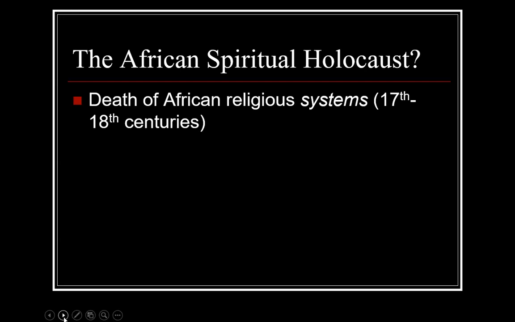So, for example, a scholar named John Butler referred to this as the African spiritual Holocaust, that essentially the systems of religions, right? So the ways in which the Yoruba, one of the groups in Western Africa, practiced, the system of practices, died in the 17th and 18th century.